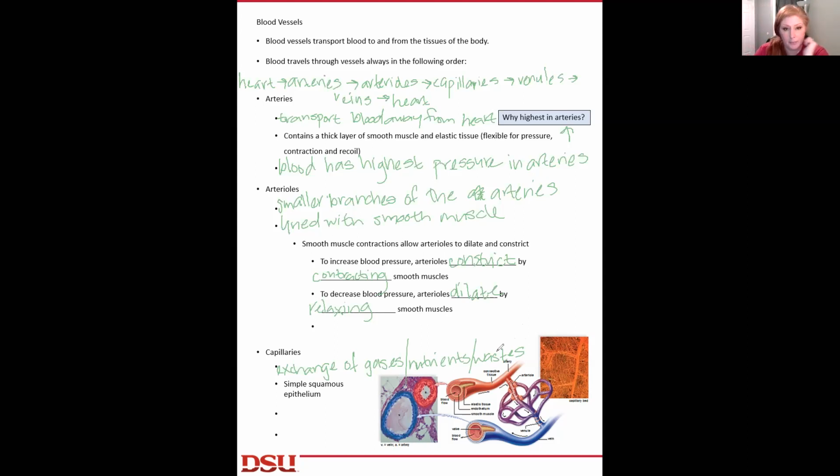Simple squamous epithelium makes up the lining of the capillaries. It's like a single cell thick. It's really, really tiny. Single cell wide, single cell thick. In the capillaries, blood pressure is going to be really low.